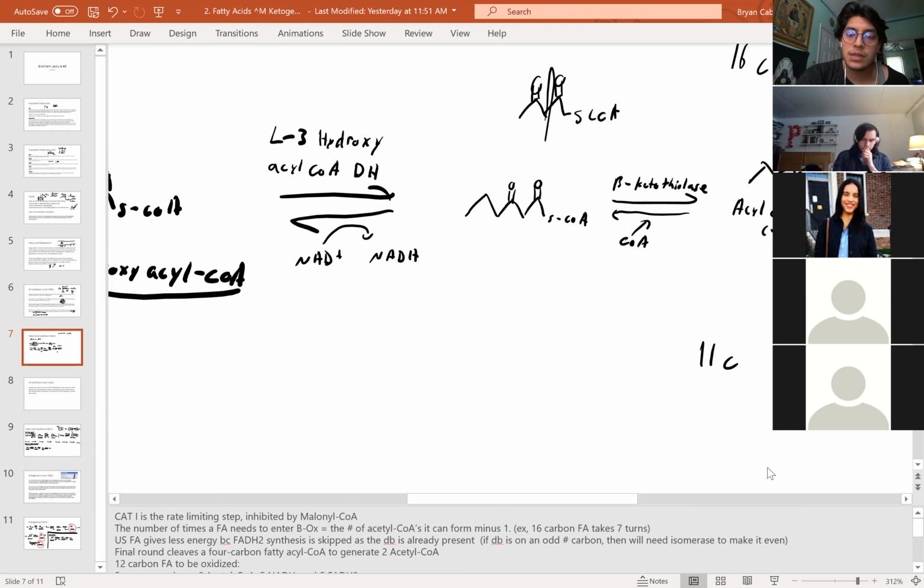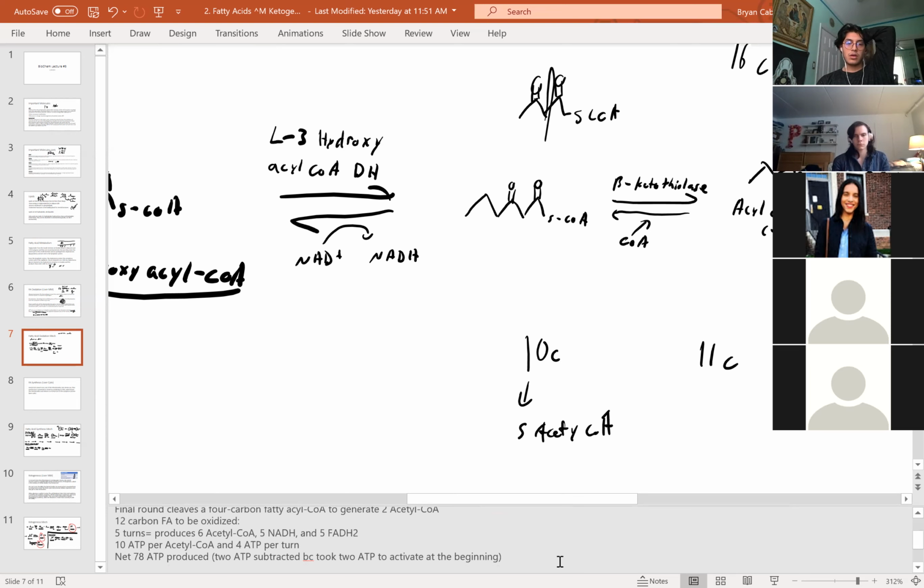So the closest even number that makes sense is 10 carbons. You're not going to have 12 carbons from 11 carbons. So you're going to have 10 carbons. Those 10 carbons can be split off into 5 acetyl-CoA. And how many turns do you guys believe you're going to have if you're just going to be tossing out the, what's it called? The remainder carbons.